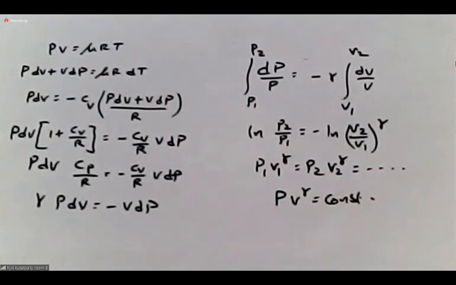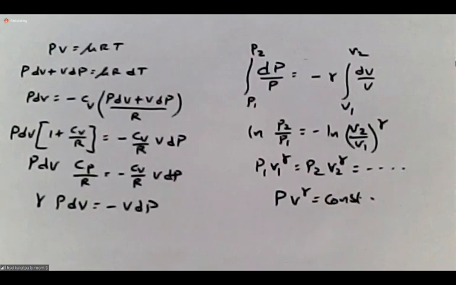Every process has an equation. Here also there is an equation for the adiabatic process. What is the equation for the isothermal process? PV constant, that is PV power 1 is equal to constant. Gamma is gamma, you cannot say gamma there. Whereas in the adiabatic process equation, PV power gamma equal to constant, gamma has three values depending upon mono, di, poly.